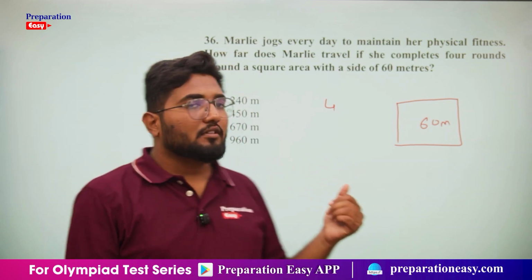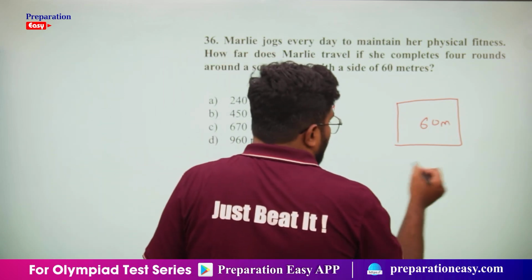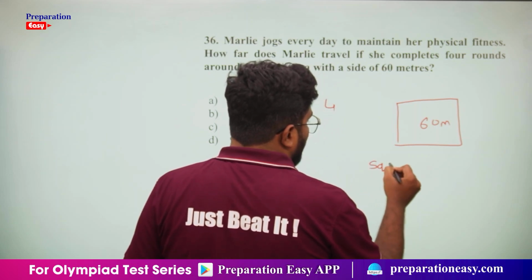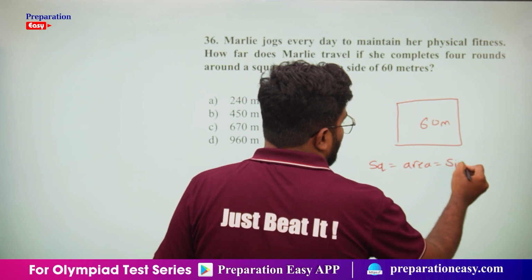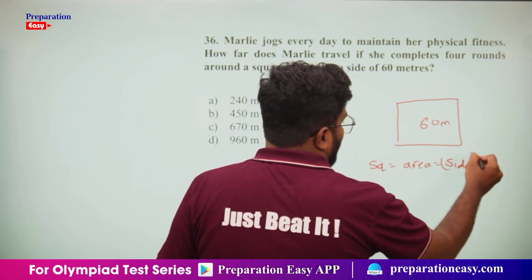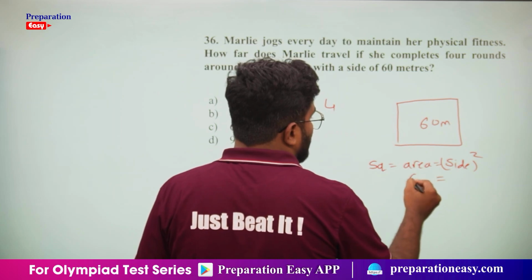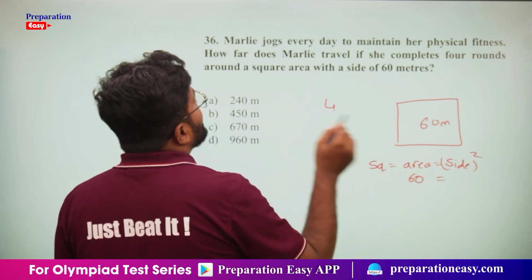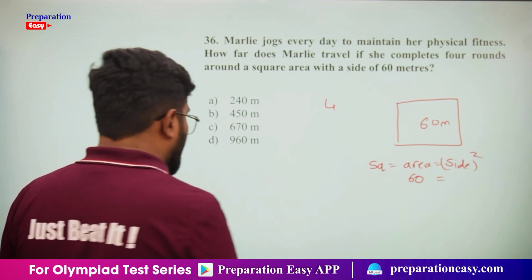First we will calculate the perimeter of the square. Before that, for a square, area is equal to side squared, but here the side of the square is given, not the area.